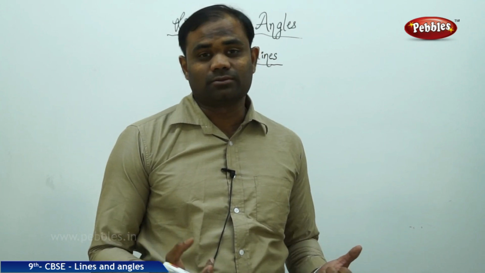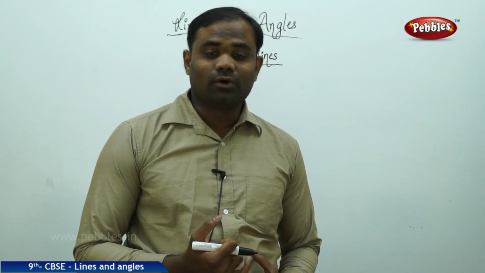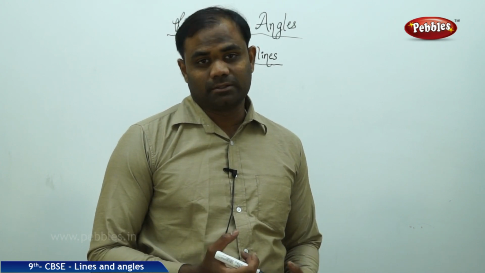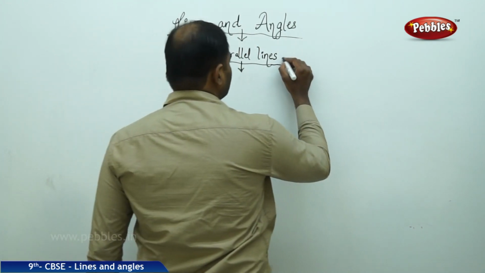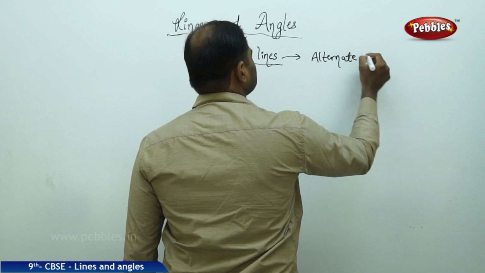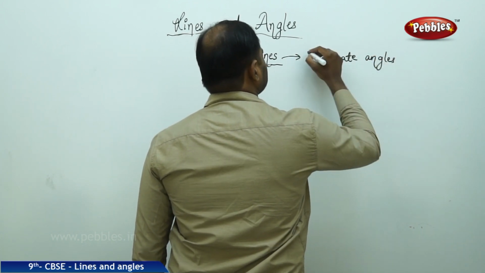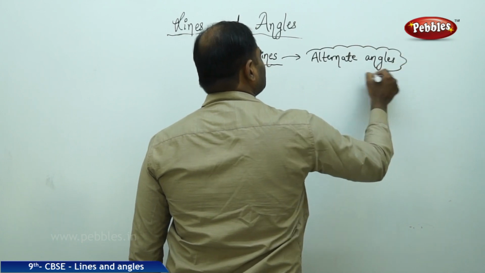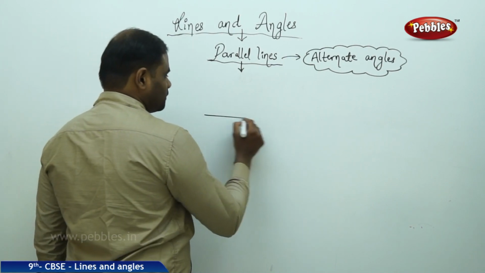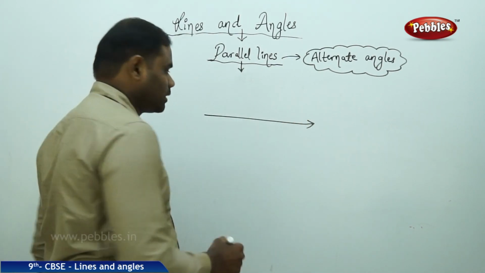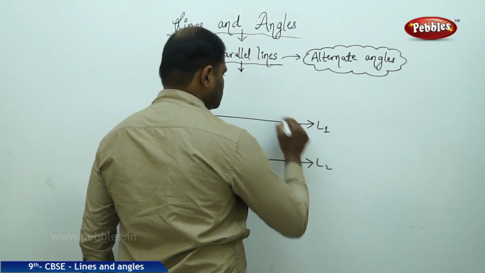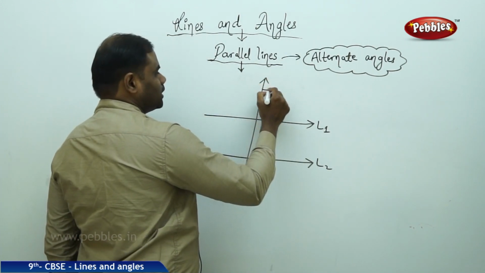parallel lines L1 and L2, next comes the property of alternate angles. So let's see what alternate angles are in parallel lines. Imagine I have two parallel lines L1 and L2 divided by a transversal.